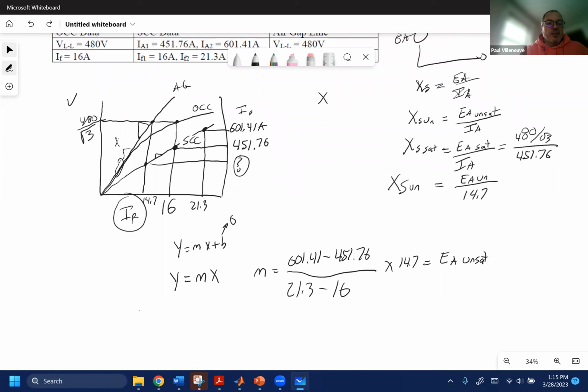Okay, the last part on this one is the short circuit ratio, and that is my field current at rated, let's see, what is it? It's the field current at rated, so IF at rated, I think I have that backwards, rated voltage.